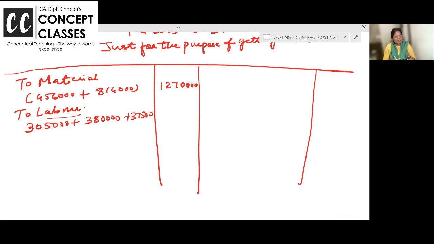Why is it coming different? Minus नहीं add करना है ना. 3,05,000 for this year plus 3,80,000 for the next year plus 37,500 closing. Okay. 7,22,500. I am copying the answer from the chat box.